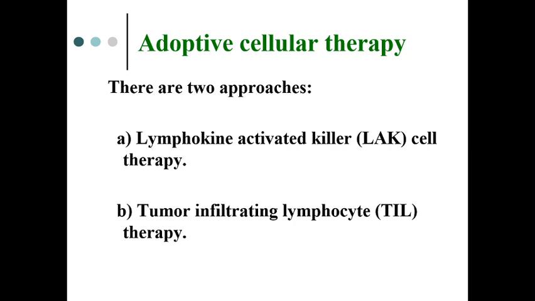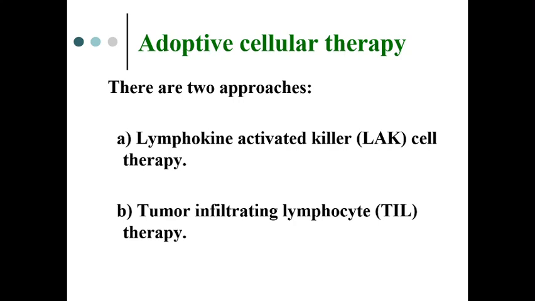Then another therapy that has been worked out, which has become very popular, is adoptive cellular therapy. Adoptive cellular therapy is nothing but harvesting of the immune cells from the tumor sites of the individual, and the tumor will have some immune cells which will be there in the tumor site.